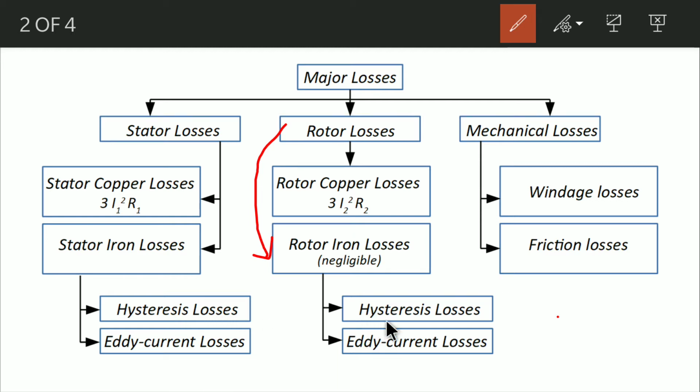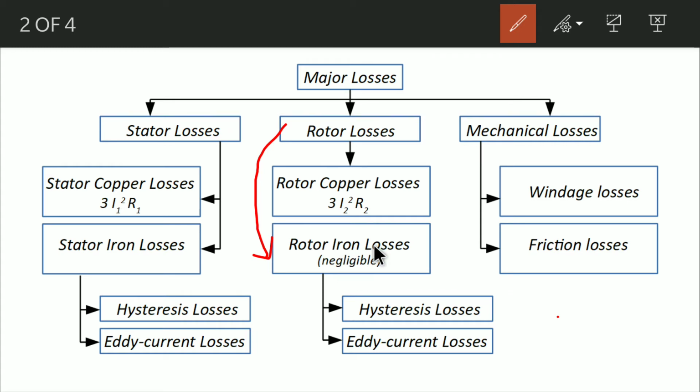But here these losses are negligibly small because iron losses, hysteresis as well as eddy current, both depend upon the frequency of the currents. Rotor frequency is very small as compared to the stator frequency, so these losses are negligibly small and are generally neglected and not accounted for in the calculations.